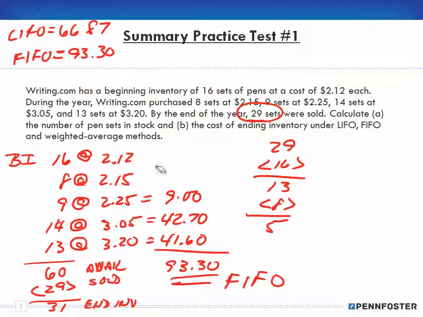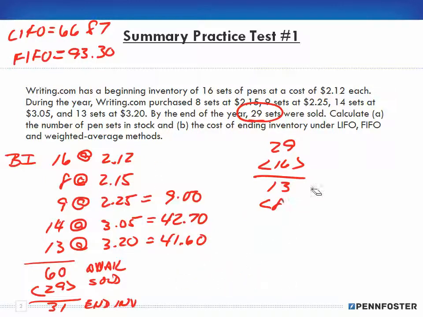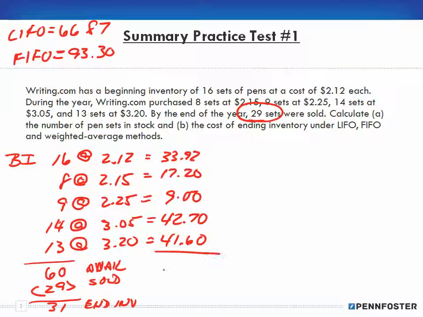All right, and now let's do the weighted average method. So with the weighted average method, we have to extend all of these. So again, this here is 16 at 2.12 was 33.92, and 8 at 2.15 is 17.20, and we need a total here, right?